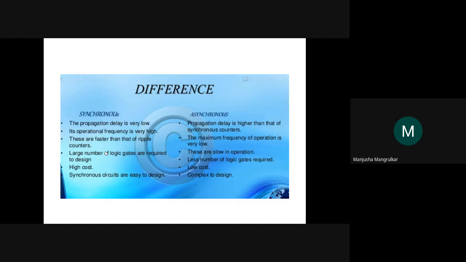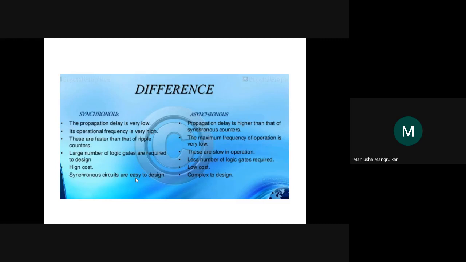Here, a large number of logic gates are required to design. Just now we have seen that in synchronous there is a large number of logic gates required. So in asynchronous there is a smaller number of logic gates required. It is very high cost here, and very low cost there, and synchronous circuits are easy to design.